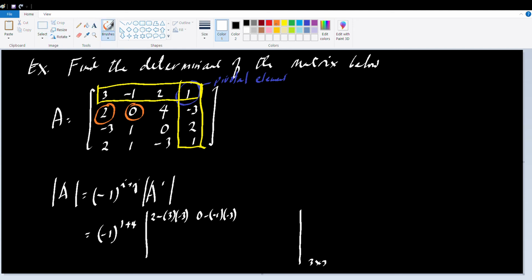Then 4, 4 minus the product of 2 and -3.